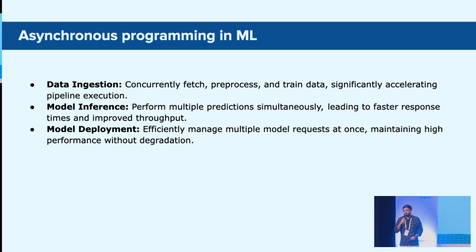Next, we can use it for model inference. As you know, we have to perform multiple predictions after training, so with asynchronous pipelines, you can perform multiple predictions simultaneously. And lastly, you can use it for model deployment so that your model can take care of multiple requests simultaneously at once.